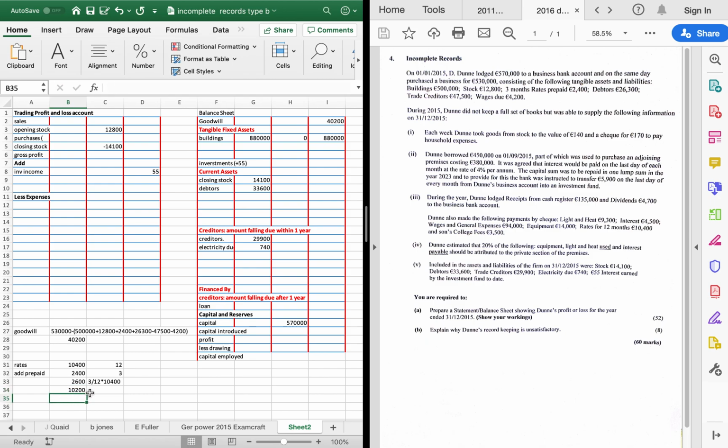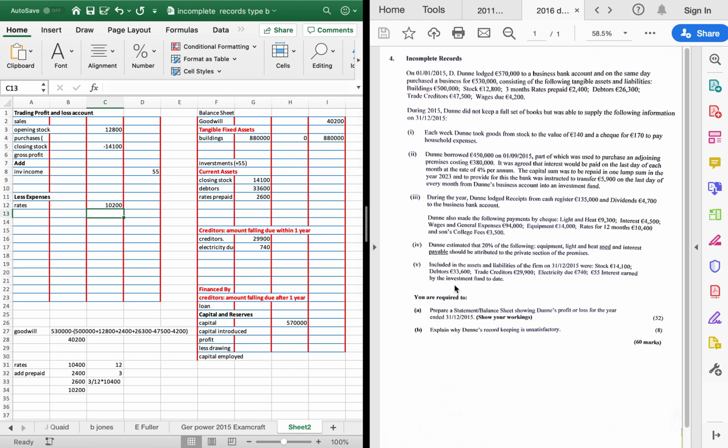as our rates figure. Now, as you recall in the last one, I forgot to put in the rates prepaid, so I won't do that this time. So 2,600, and we put in our rates as an expense. Just check that there's no drawings. There's no drawings on the rates, so the 10,200 can go in.